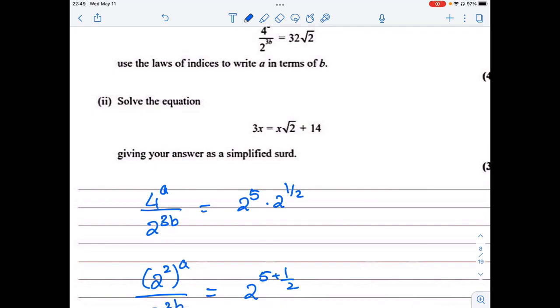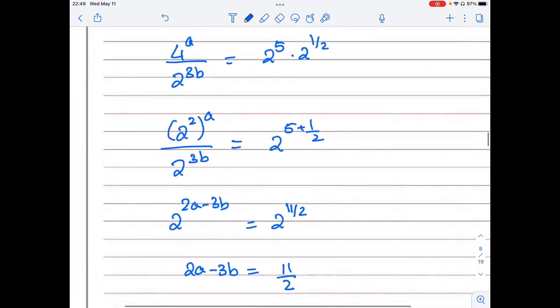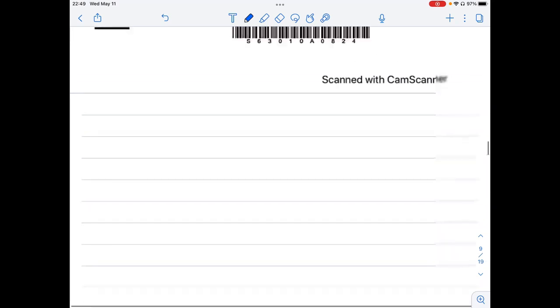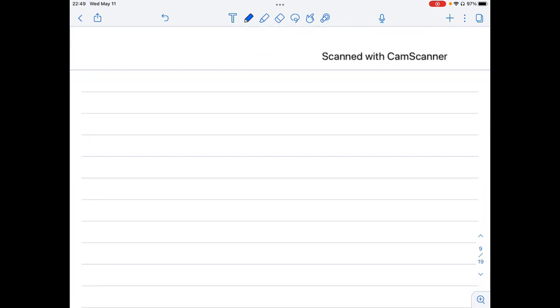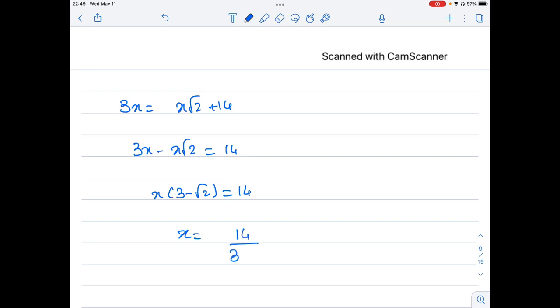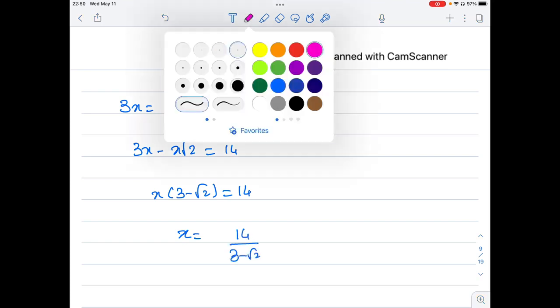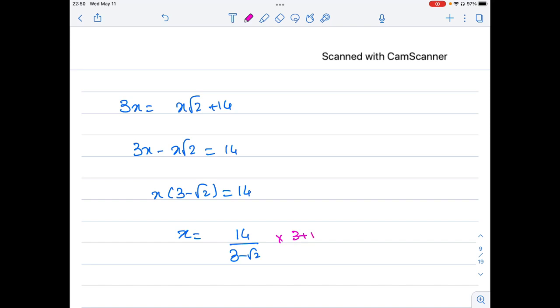Solve the equation 3x is equal to x root 2 plus 14. So 3x equals x root 2 plus 14. So 3x minus x root 2 equals 14. Take x common, (3 minus root 2) x equals 14. x equals 14 upon 3 minus root 2. Now rationalize it, multiply and divide with 3 plus root 2.